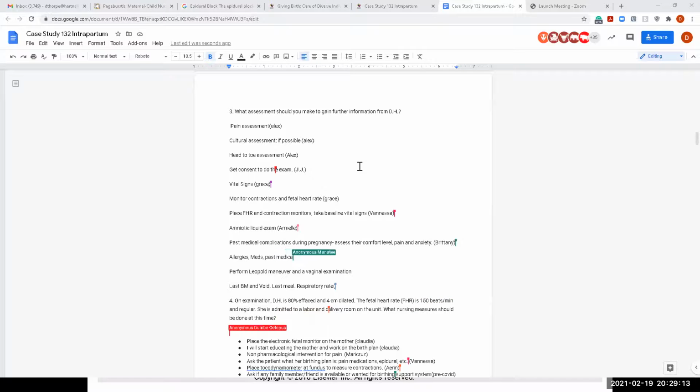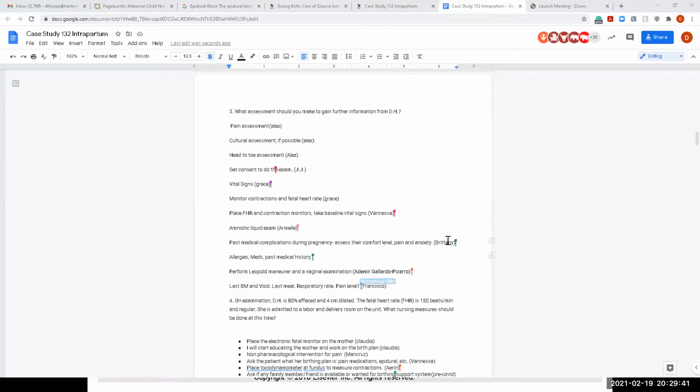Maybe the baby's having decels, or you see the head right there. You're going to do the exam. You're not going to wait. I know that might sound really forceful, but that's a far and few between type patient. But there may be a time where you ask her and she doesn't even give you an answer. Let's put it that way.